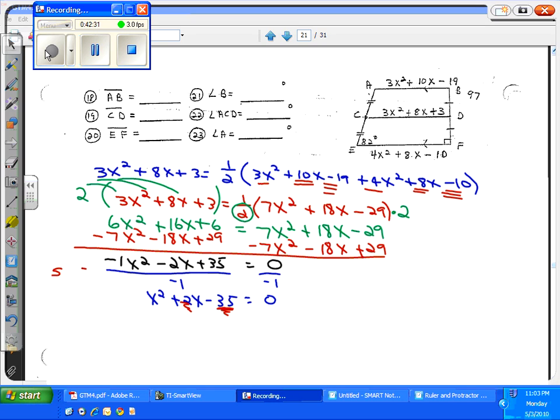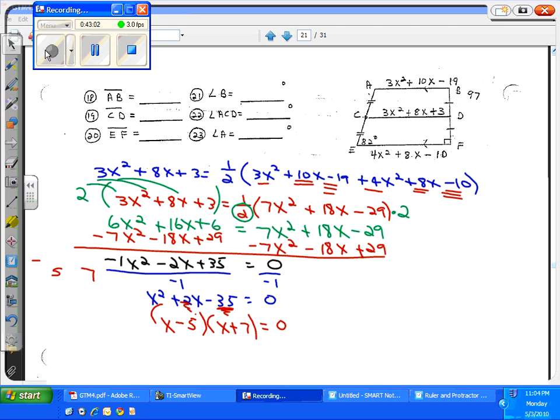Well, it's a 5 and a 7. We want the 2 to be positive, so we make the 5 the negative. We make the larger positive. And so this is going to factor into x minus 5 and x plus 7. That's a little bit nicer, isn't it?